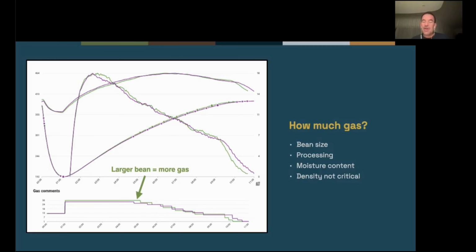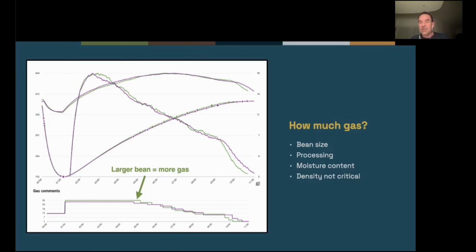But if you think about it, bean size can vary tremendously. If you had a tiny Mocha variety of bean and you had a Maragogipe or a Pacamara, the large beans might be 500% larger than a small bean, right? So bean size can vary tremendously and have a huge impact on how much gas you need, but density, not so much. So the moral of the story is larger beans require a little bit more heat.